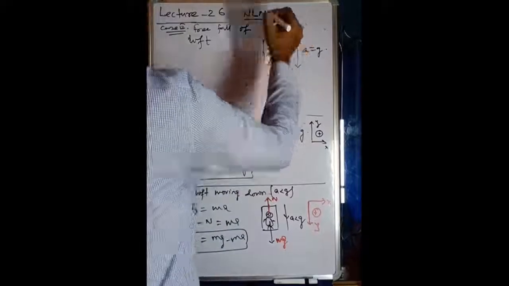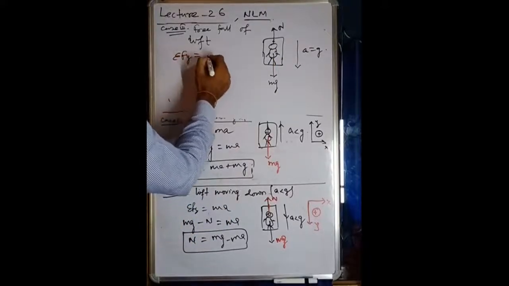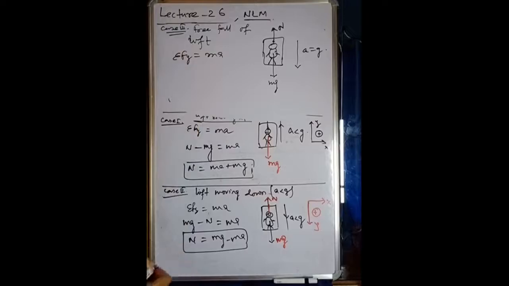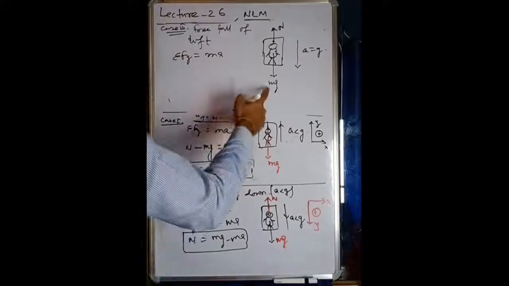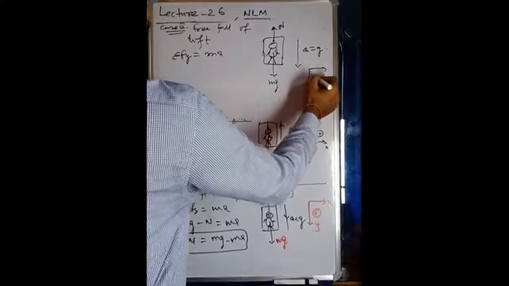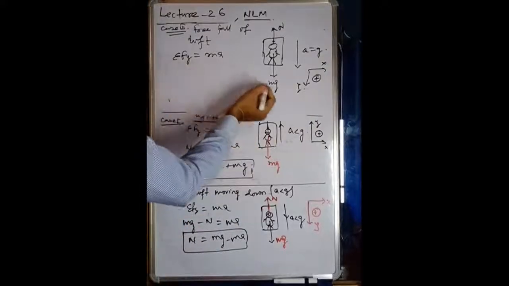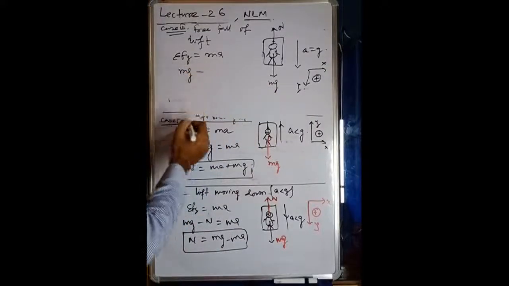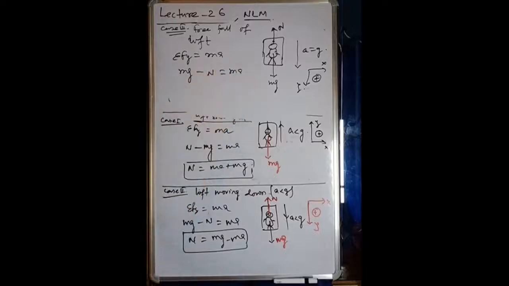Now it is the normal. Okay, again we will write sigma Fy is equal to ma here. Now sigma Fy, the total force, it is moving down. We can take the positive axis downward. Here mg minus N is equal to ma, but the value of a, we know that it is equal to g.